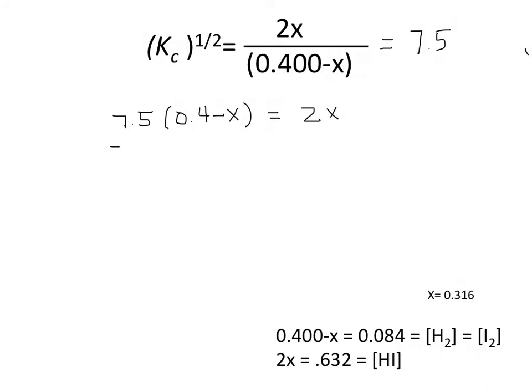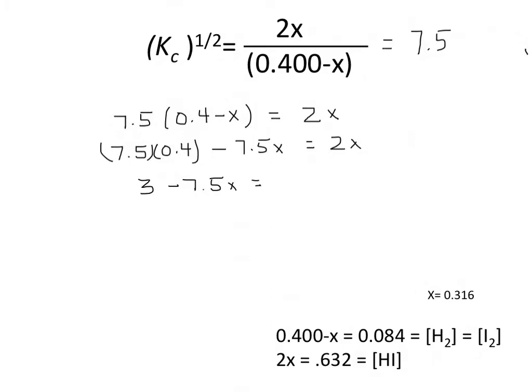Now I'm going to expand this. 7.5 times 0.4 minus 7.5x is equal to 2x. 7.5 times 0.4 is equal to 3. And I can now write 3 minus 7.5x equals 2x.